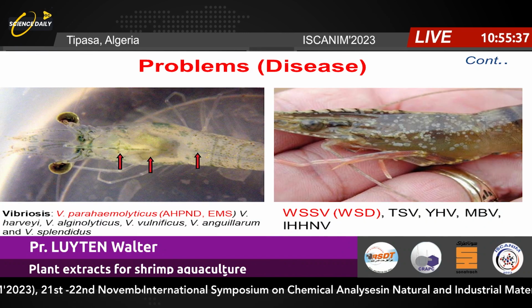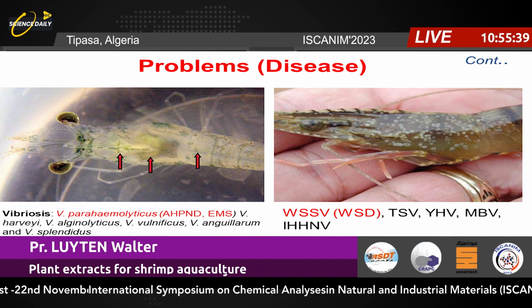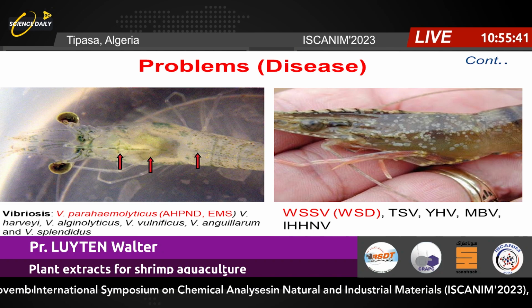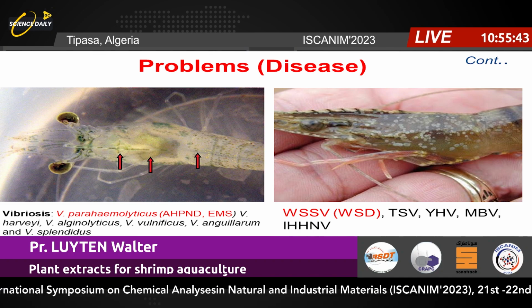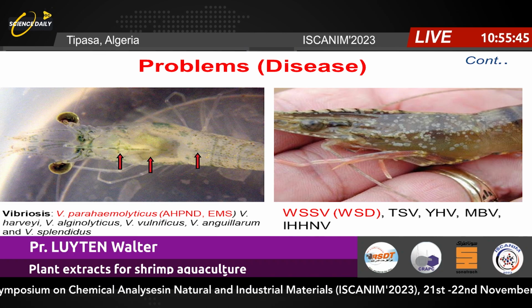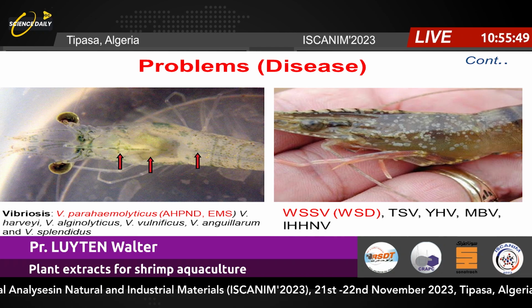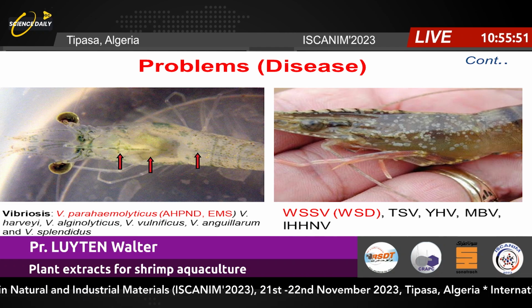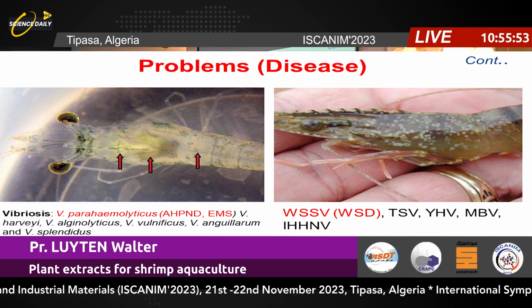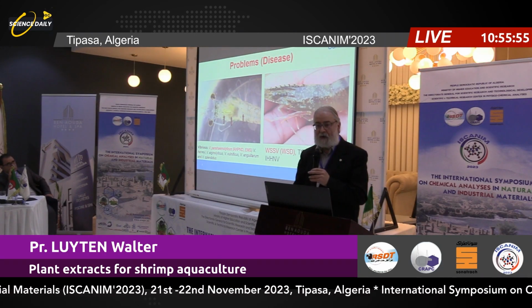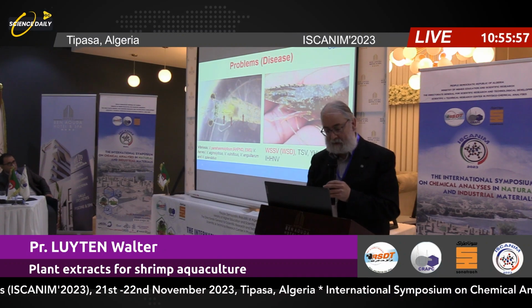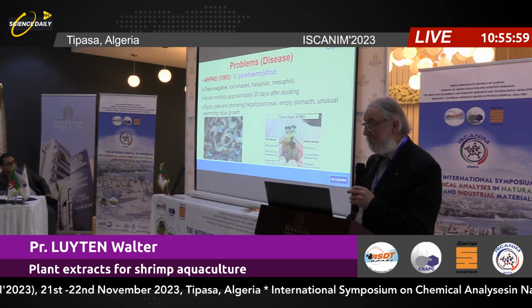The disease is called vibriosis, but there are different Vibrio species: Parahaemolyticus, Harveyi, Alginolyticus, Vulnificus, Anguillarum, and Splendidus, that can cause disease outbreaks. On the other hand, there are the viral diseases like the white spot virus that can cause severe problems.